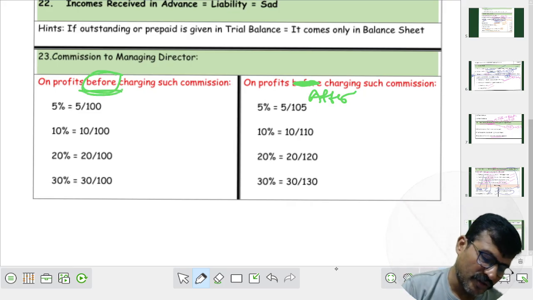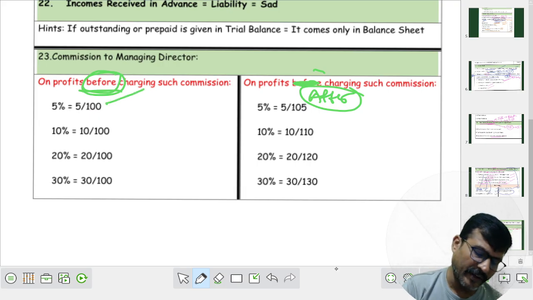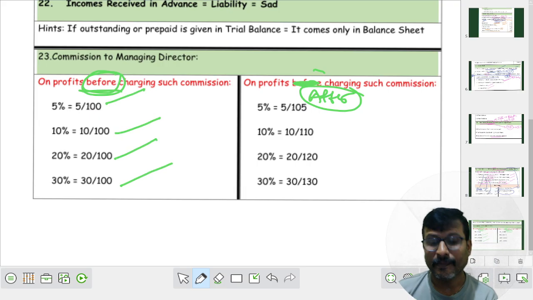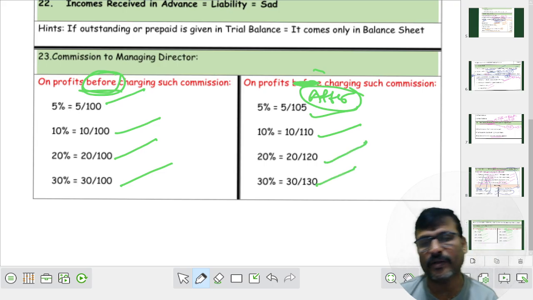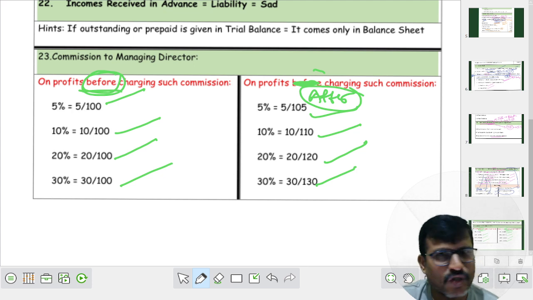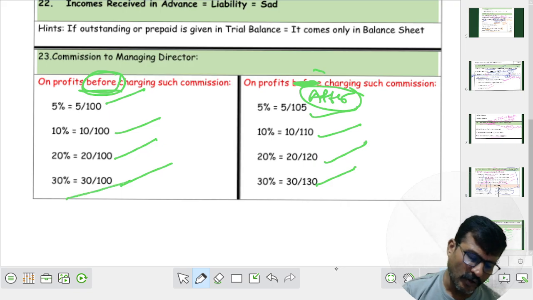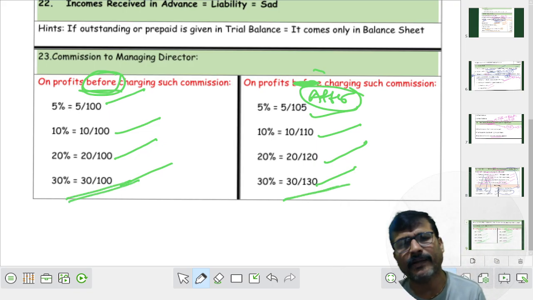If it is before charging such commission, 5%, 5 by 100, 10 by 100, 20 by 100, 30 by 100. But when it comes to after, 5 by 105, 10 by 110, 20 by 120, 30 by 130. This is a method you need to remember. While solving the problem, I will tell you why to take by 100, why to take by 105, 110, 120, 130.